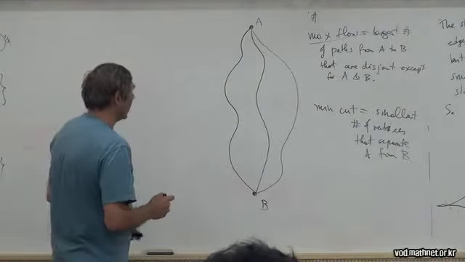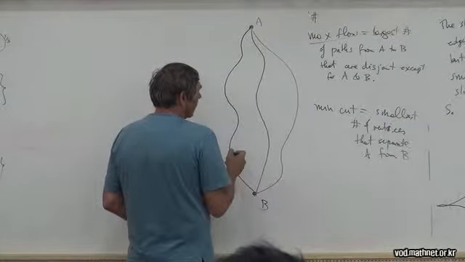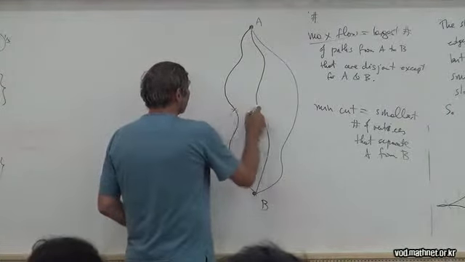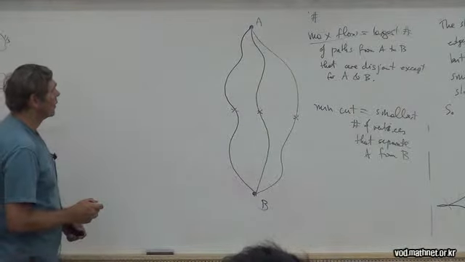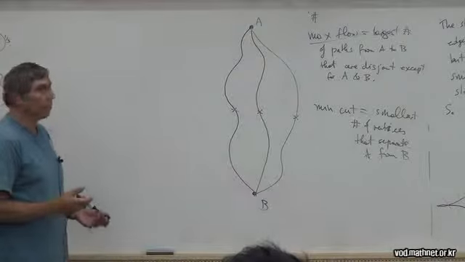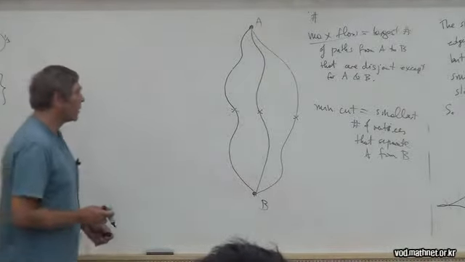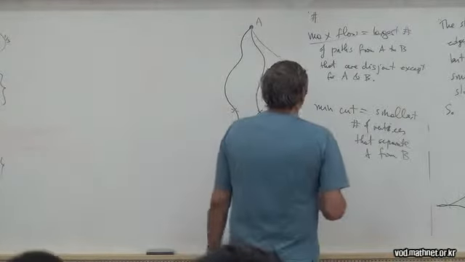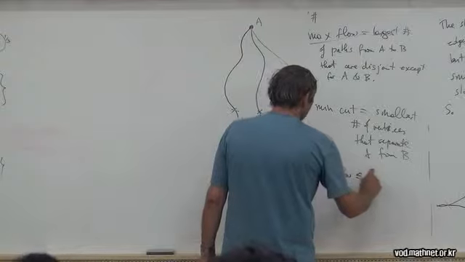So if I can find, say, 3 vertices that separate A from B, then clearly I cannot find 4 disjoint paths, because each path has to go through one of these separating vertices. So it's clear that maximal flow is less than or equal to the minimal cut.